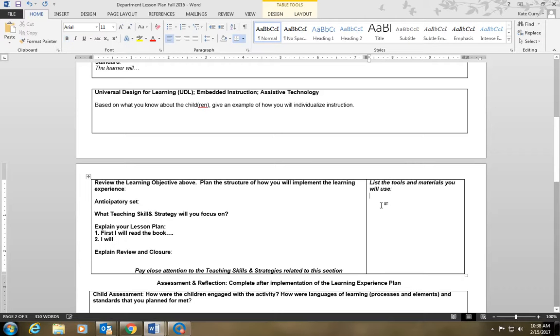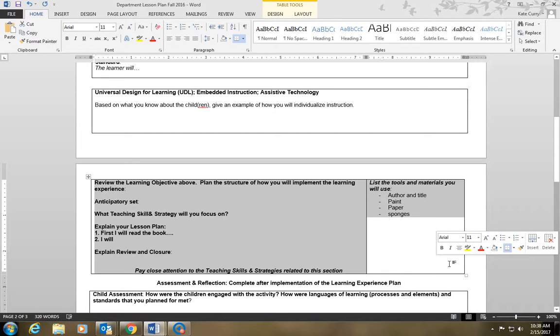You will list over here in this column the author and title of any book that you use. If you're using paint or paper or sponges, whatever it is that you're going to use should be listed here. As a matter of fact, anybody in your class should be able to pick up your lesson plan here and teach it as if they were a substitute.